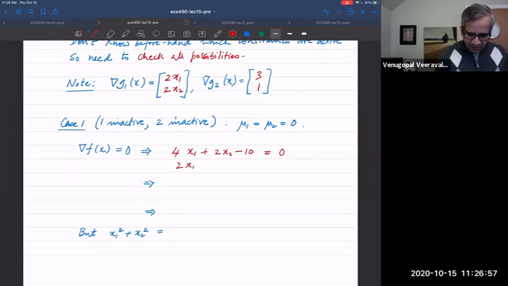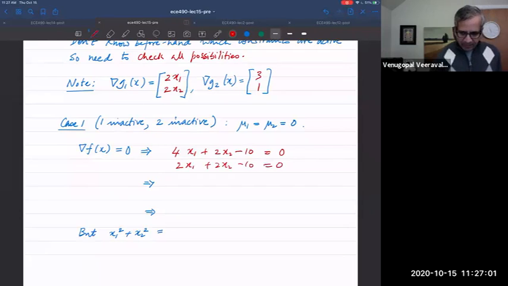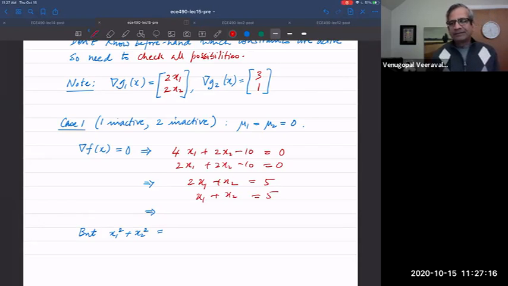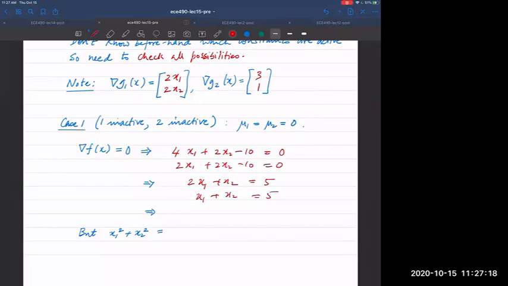Second component of the gradient, 2x1 plus 2x2 minus 10 equal to 0. Simplify this, you get 2x1 plus x2 equal 5, x1 plus x2 equal 5. Solve this with a solution: x1 equal to 0, x2 is equal to 5.